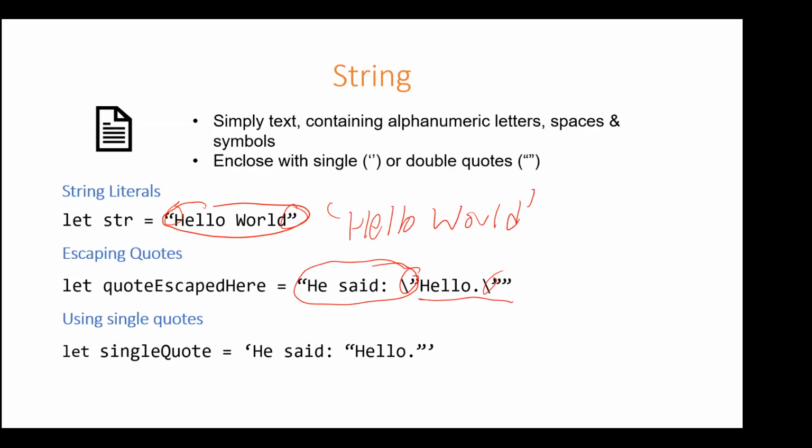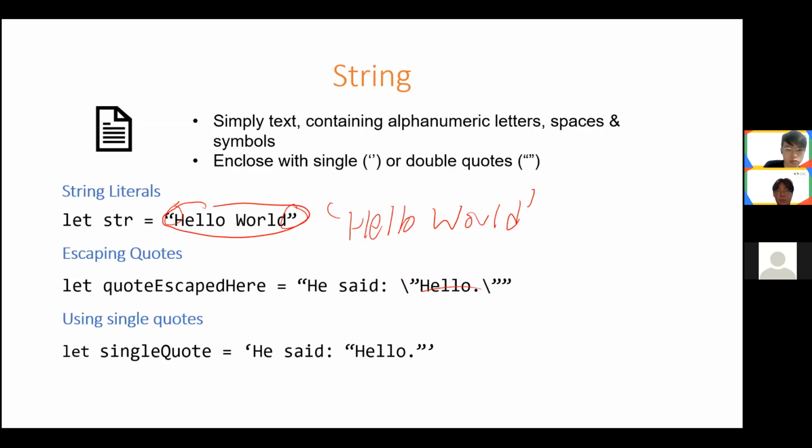So how we can avoid that is basically to add this backslash. This is called escaping a quote, which basically signals to JavaScript that the following quote is not the end of the string, and it should appear inside the string. So this string here will be fully called, he said, colon, open inverted comma, hello, full stop, close inverted comma. So that is a full string.